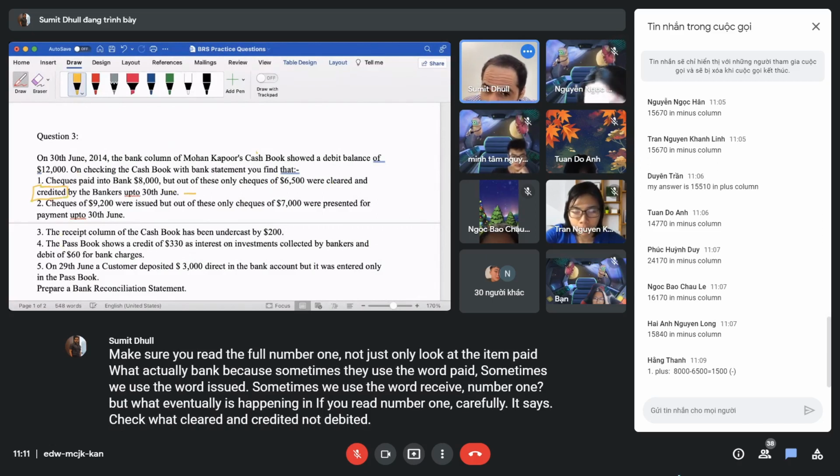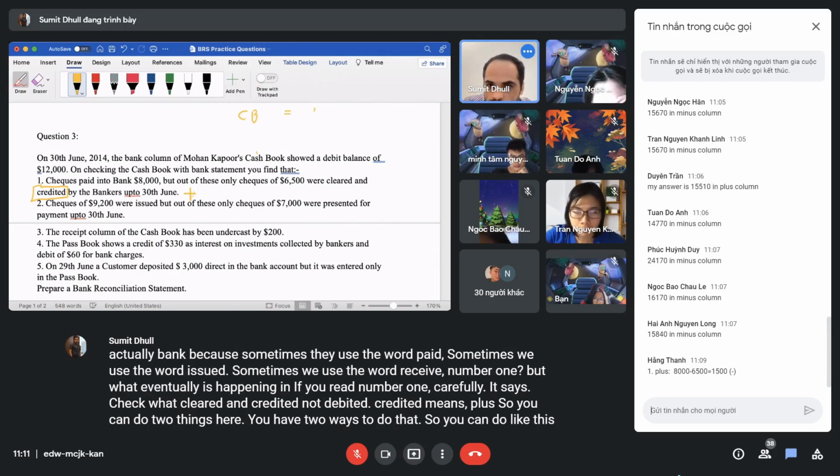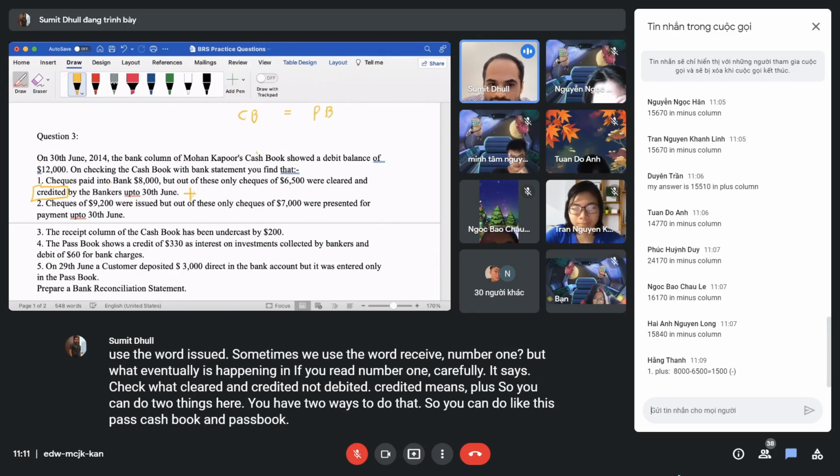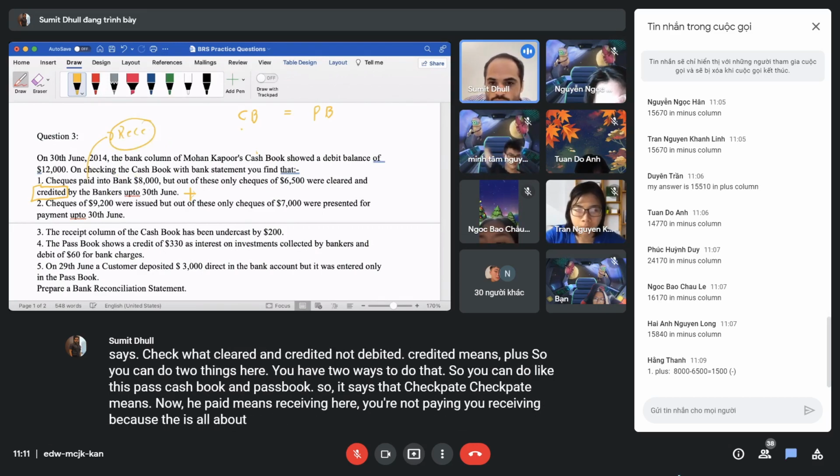Credited means plus. So you can do two things here. You have two ways to do that. So you can do like this, cash book and passbook. It says that checks paid means, now paid means receiving here. You're not paying, you're receiving, because this is all about credit. So plus 8,000.